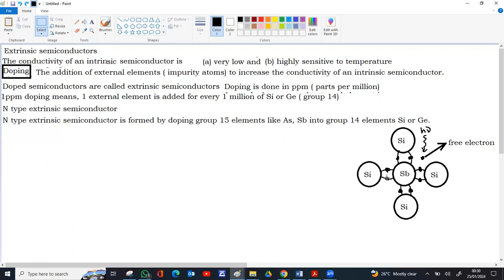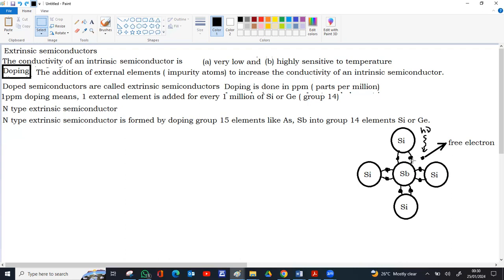So like that, the bond formation is complete, it's stable in the structure, but the fifth electron which absorbs thermal energy can become a free electron.